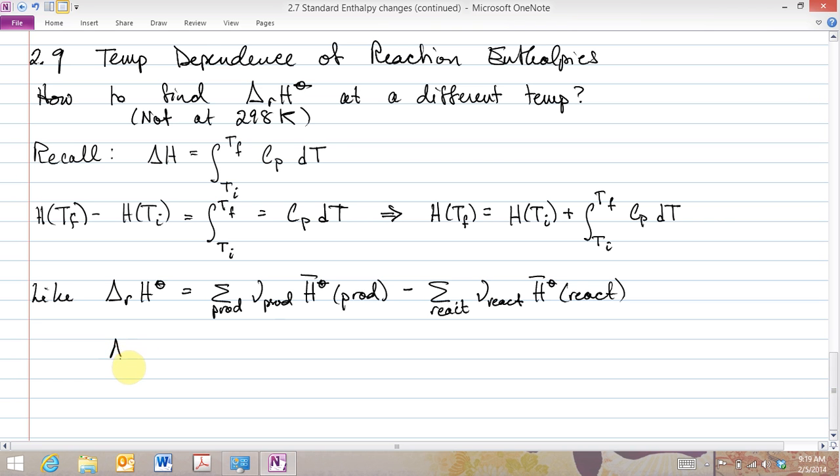We can also, for the products and the reactants, have a change in the standard heat capacity at constant pressure, that is calculated in the same manner.